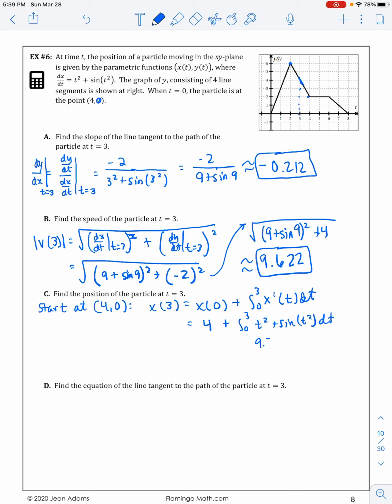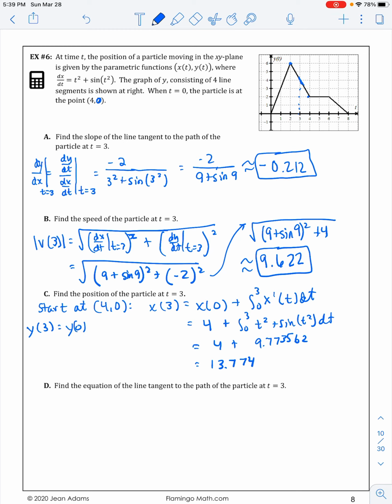And I put that in my calculator, and it gave me 9.773562. And so I said this was roughly 13.774. And this was my x of 3.